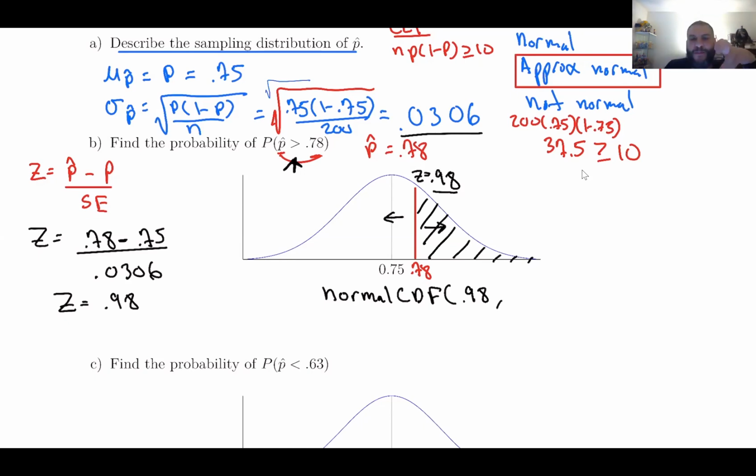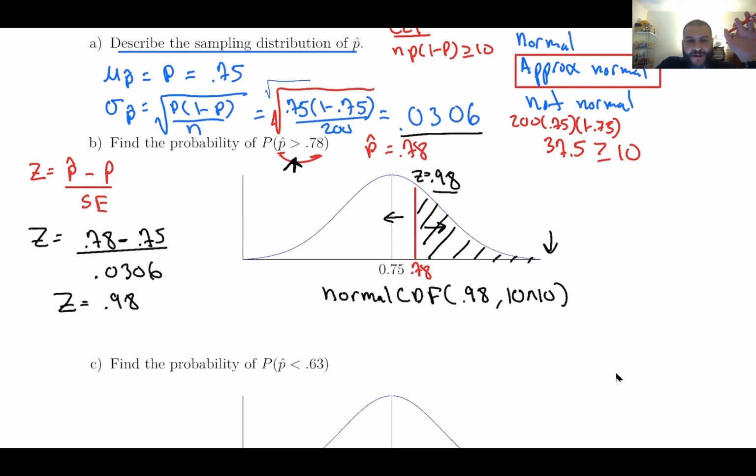My upper bound keeps going to the right-hand side, so the upper bound is 10 to the 10 power. Since I found my Z value, remember, the mean and standard deviation are automatically 0 and 1, so I don't have to enter 0 and 1. Any questions? So far I have normal CDF 0.98, comma, 10 to the 10 power.